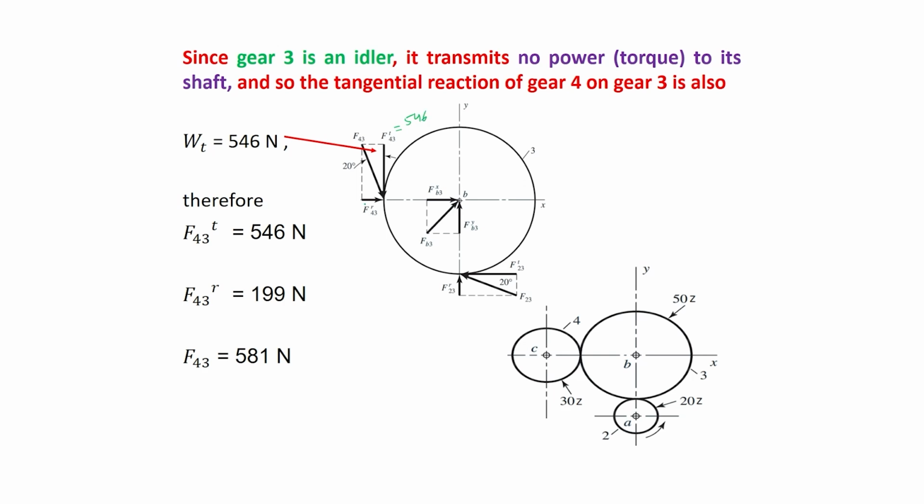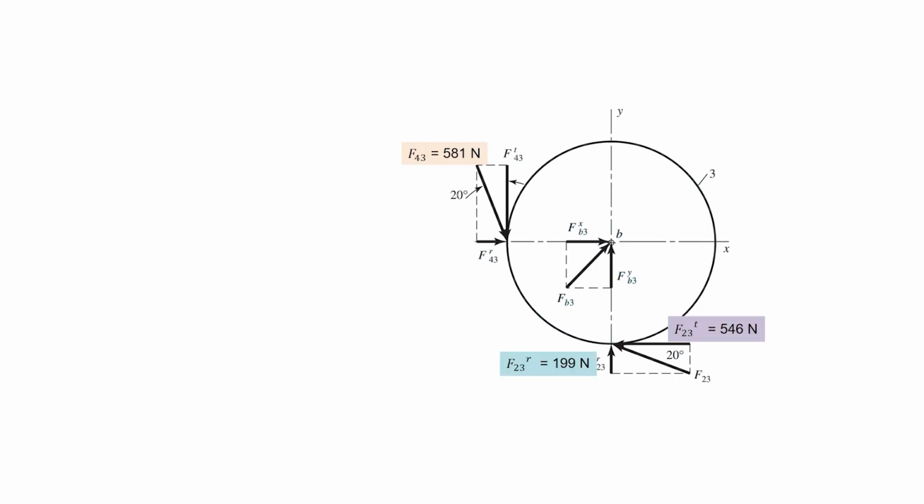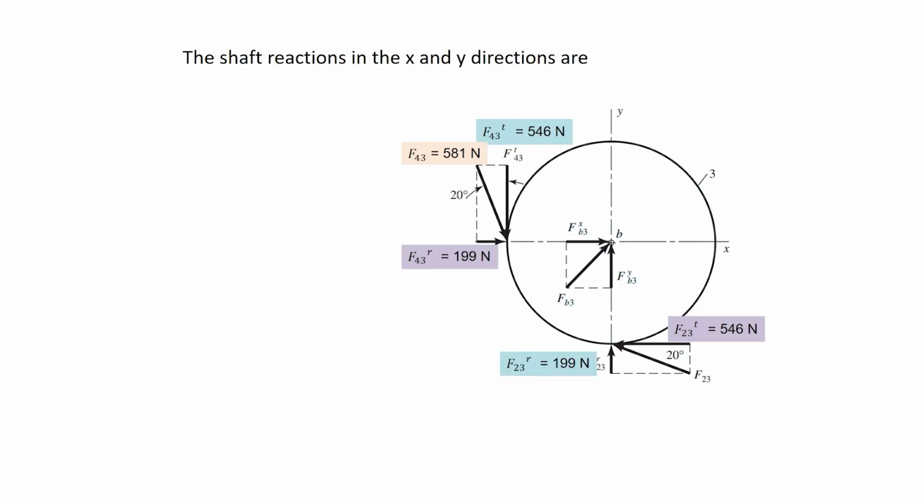F43 radial is 199, and F43 is 581. Here the forces are shown. The shaft reaction in the x and y direction is shown here.